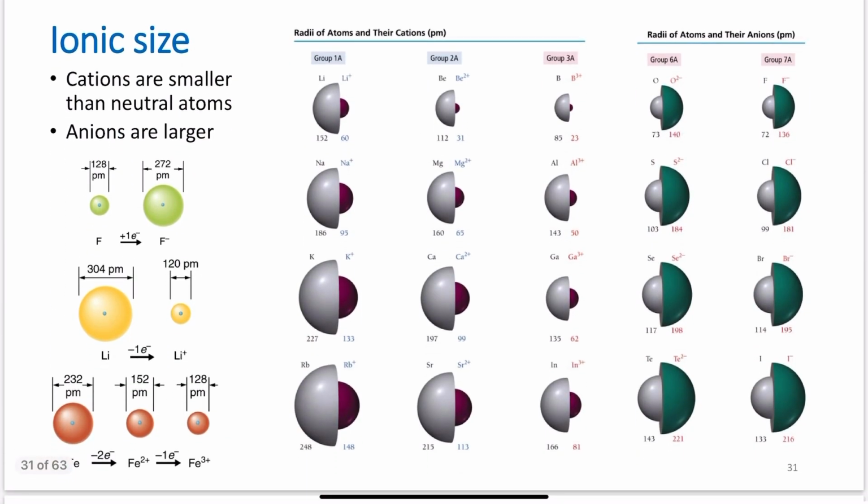What about ionic size? Truthfully speaking, cations are always smaller than their own parent atom, or their neutral atom. Anions are always larger than their parent atom. The trick to that is the words their parent. So cations are always smaller.